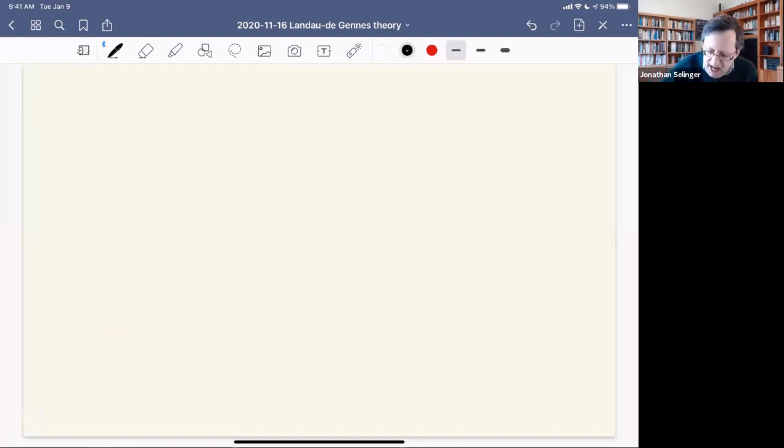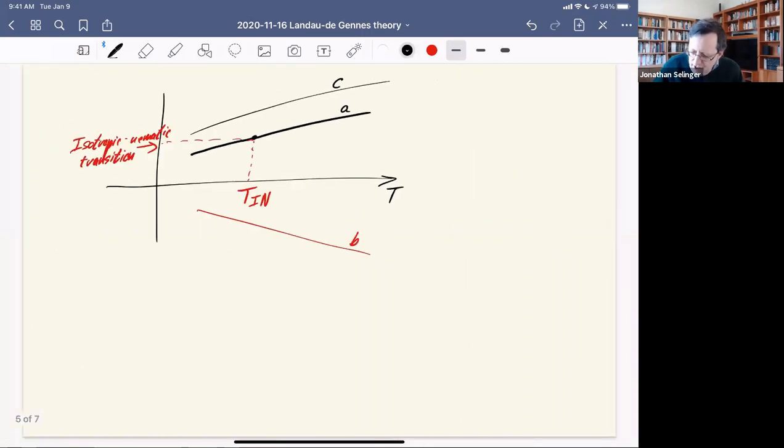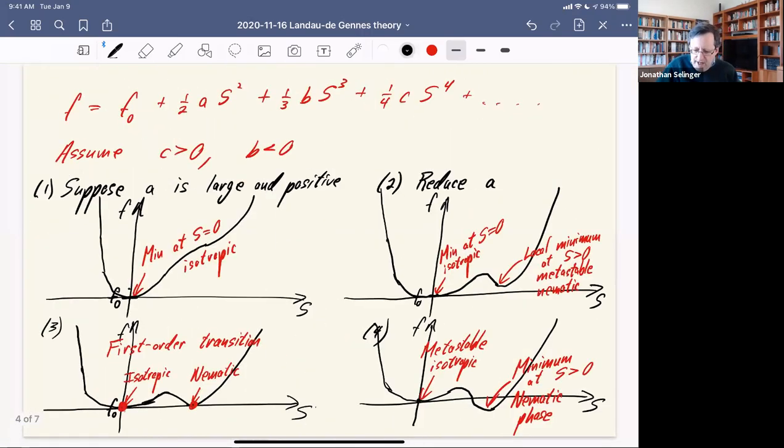Then, if you want to know where the isotropic nematic transition is, that transition would have to be where F isotropic is equal to F nematic. So that corresponds to what we see in this plot number 3 over here, right?